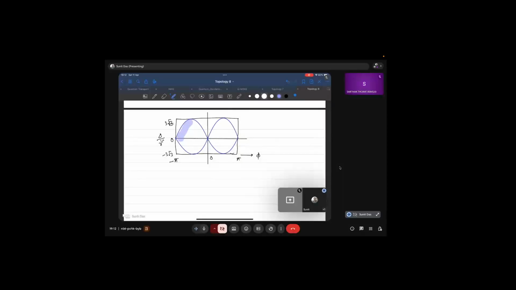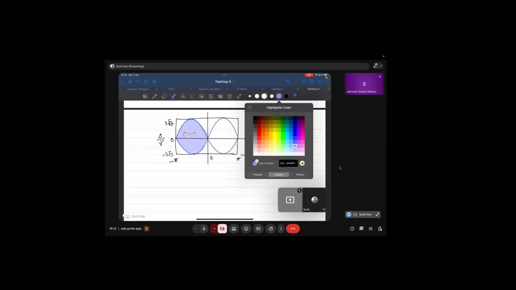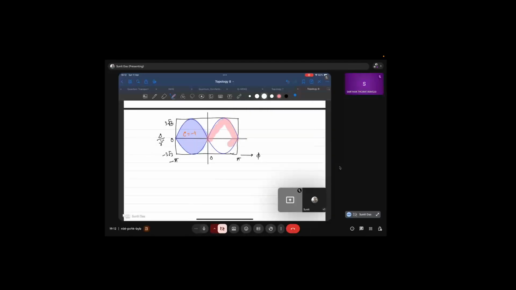So this was actually C equal to -1, and if I take a different color, this was actually C equal to +1, and all the outside region is a different color. So this is C equal to 0, and so on.